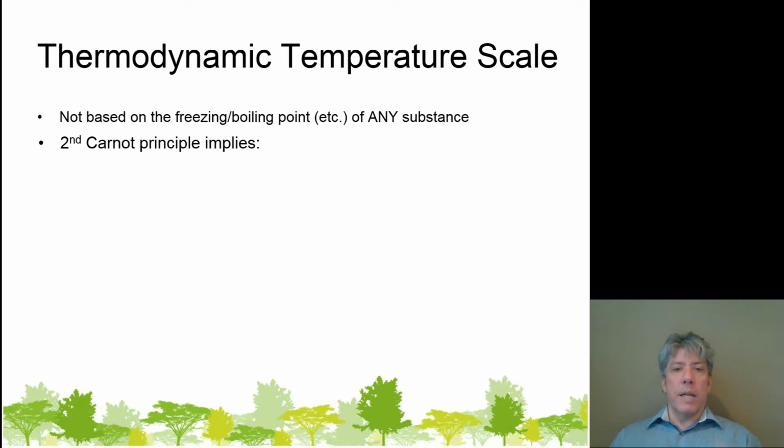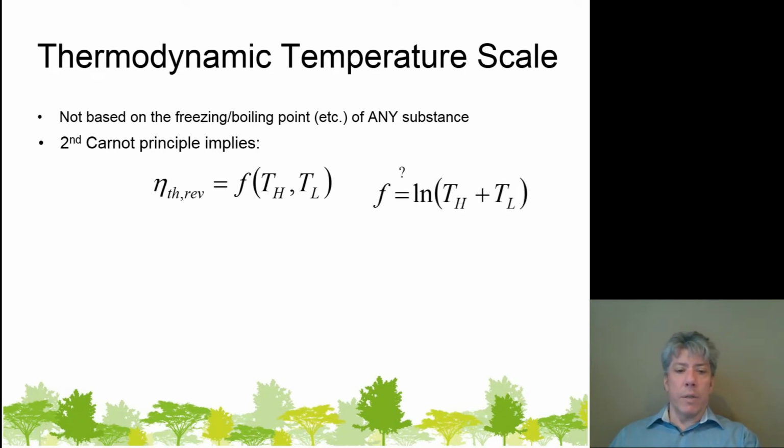And so this gives rise to the idea of a thermodynamic temperature scale, something not based on the freezing or boiling point of any substance. The second Carnot principle implies something really, really important. It implies that the thermal efficiency of these devices is a function of the two different reservoir temperatures.